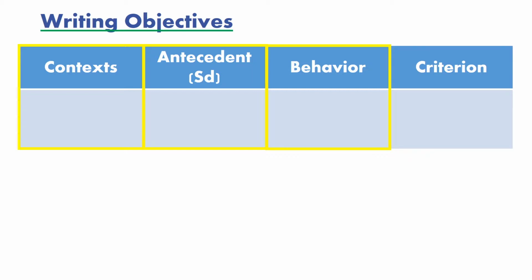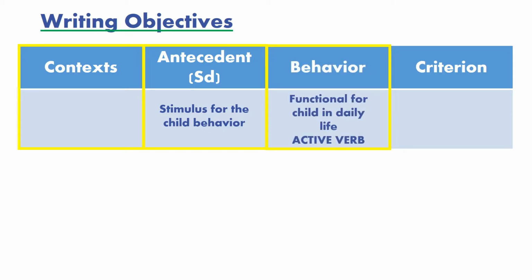The 4 sections are the context in which this skill might be practiced, the antecedent or the stimulus that kind of pushes the child off into the behavior that they're going to display. That's also known as the SD, or the discriminative stimulus in ABA language. The child's behavior, and we want to be talking about behaviors that are functional for the child in everyday life.